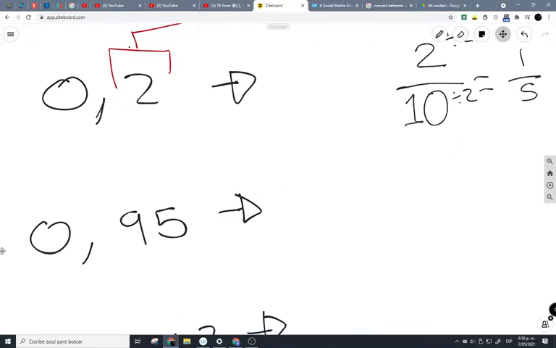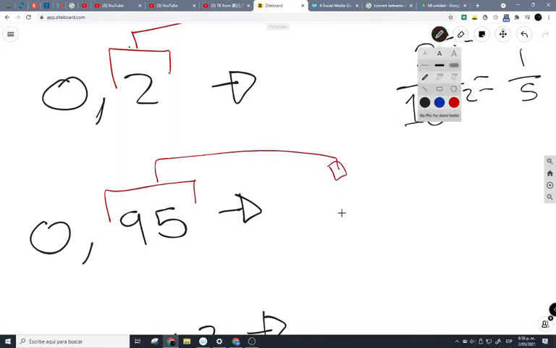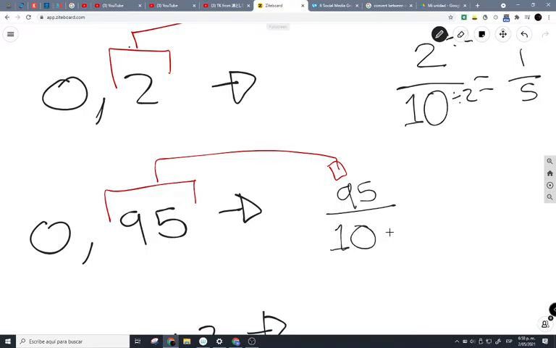Now let's do another one. 0,95, the same. We don't have a whole part, so we are going to just focus on the numbers after the comma. Let's create a fraction. The 95 is going to be the numerator, and remember, the denominator is always a number 1 followed by as many zeros as digits we have after the comma. And after the comma here we have 1 digit, 2 digits, so it's going to be 2 zeros.